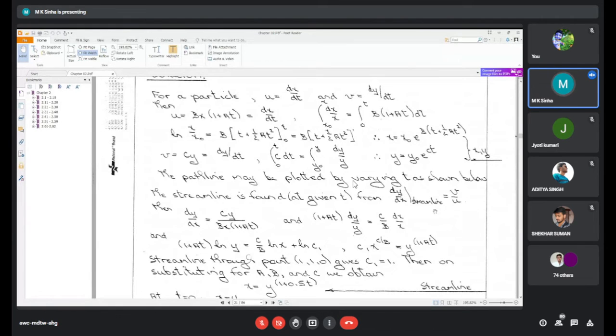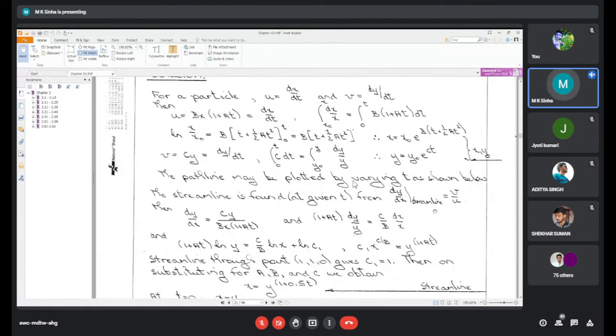Both give approximately the same, more or less simple. So x, y is the trace, that is the path line, and you may plot it with different values of t, taking x0, y0 as the starting point, 0 0 or 1 1.